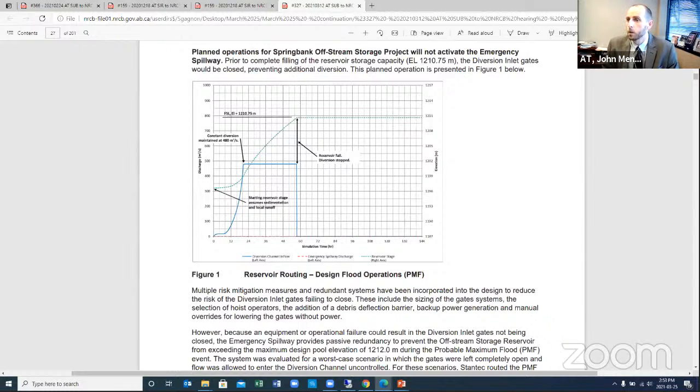Based off of the terms of reference and our understanding of the regulatory review process, the operations, maintenance, and surveillance manual was not a part of the application for the Natural Resources Conservation Board.